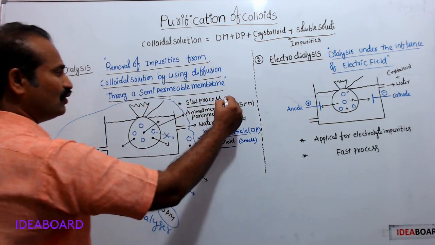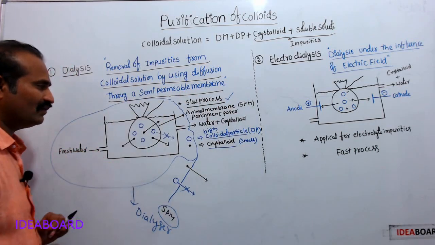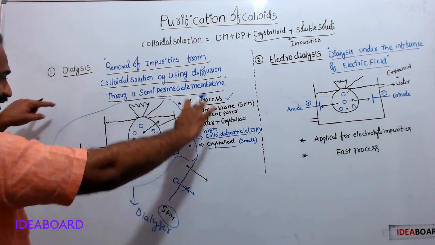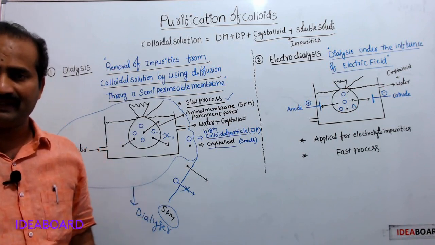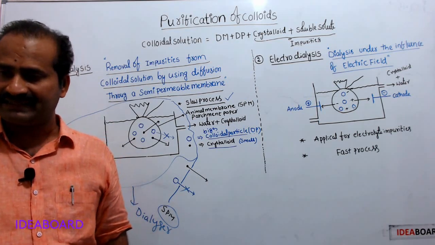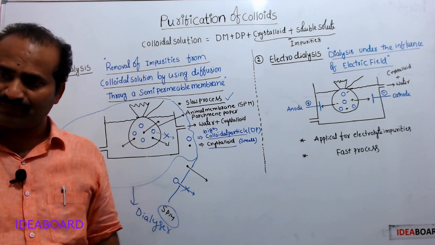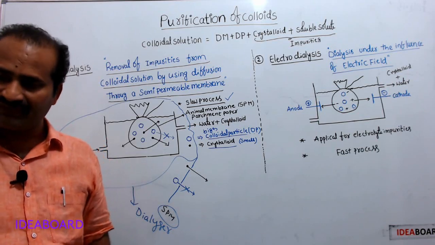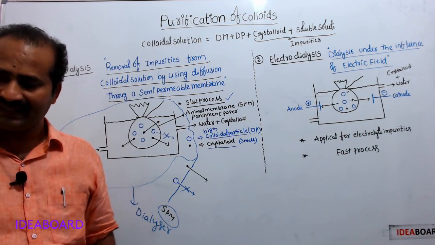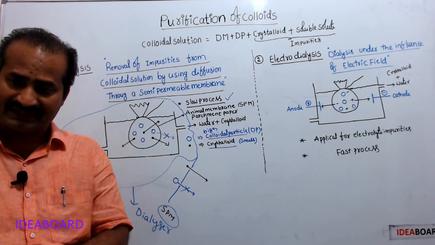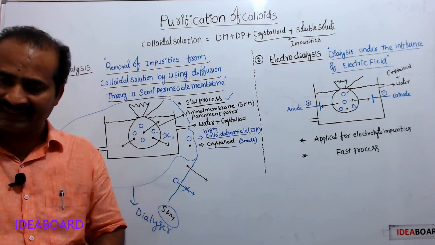This process is a slow process. In the human body, the kidney acts as a dialyzer which removes impurities from blood. It purifies blood. Unwanted impurities are removed by the kidney in our body.